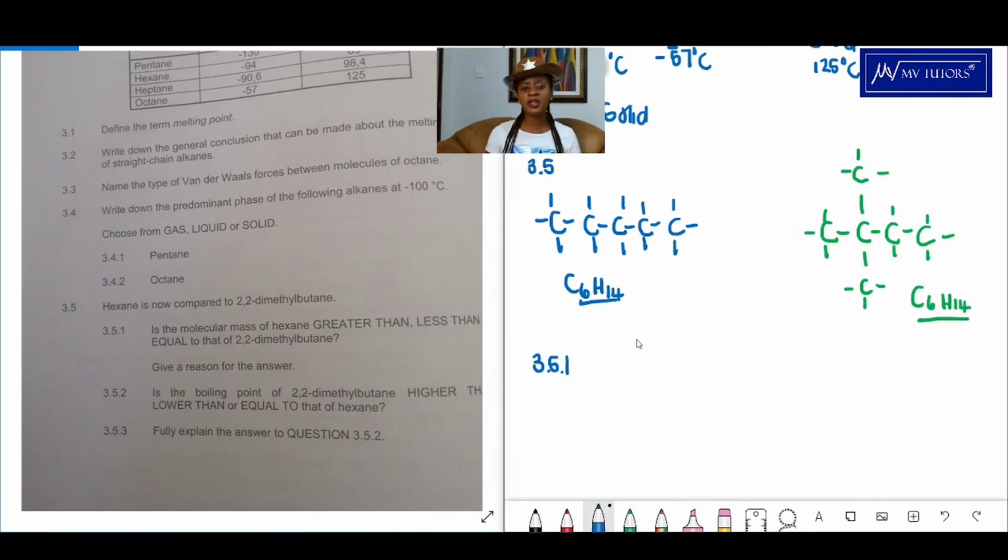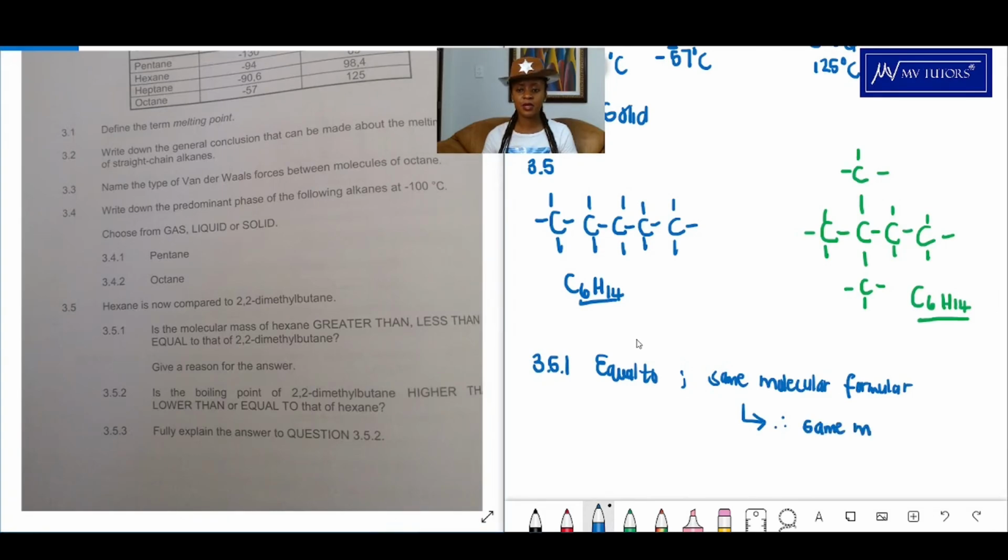For both of them, you're going to have the same mass. Okay, so this is equal to. And why? Because you have the same molecular formula. Therefore, same molecular mass.